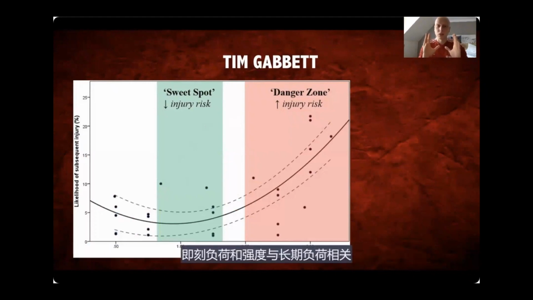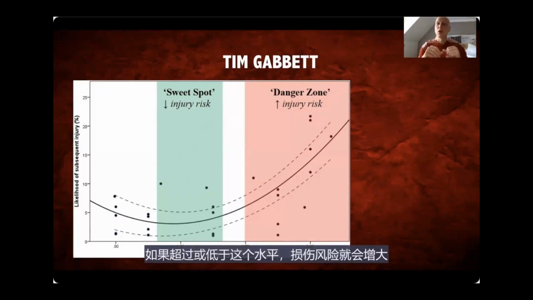And the acute volume and intensity of the work should be in relation to a chronic load in a ratio of 0.8 to 1.3 between these two values.